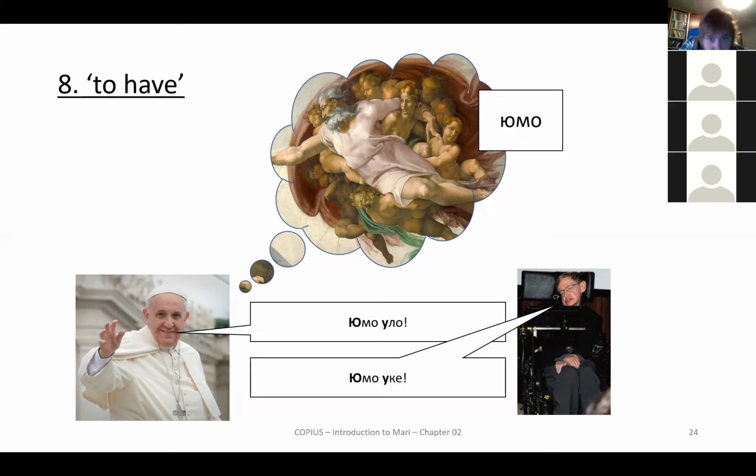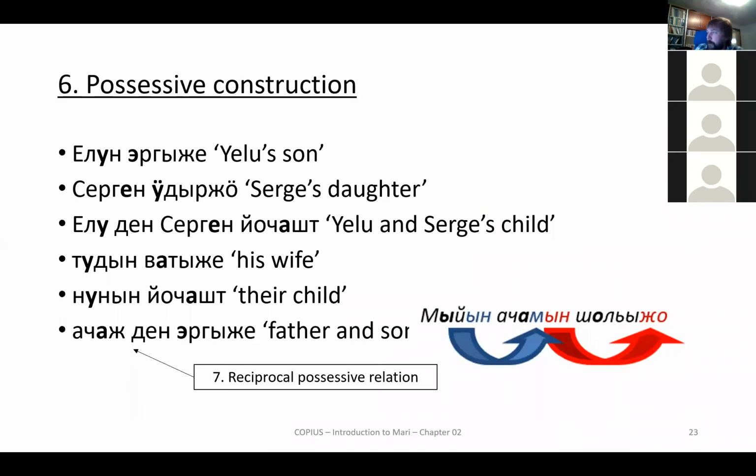Jeremy, I have a question about that. Double possession marker. So like in that father and son construction, is the possessive suffix compulsory? Like can it not be without the possessive suffixes? Good question.